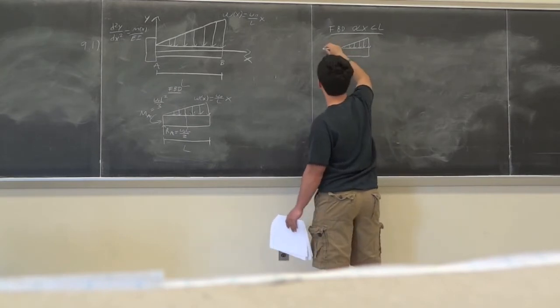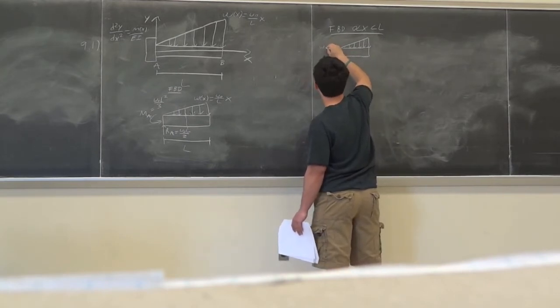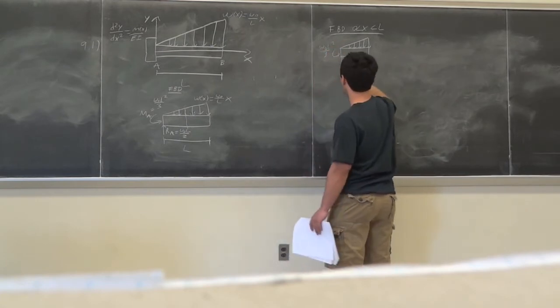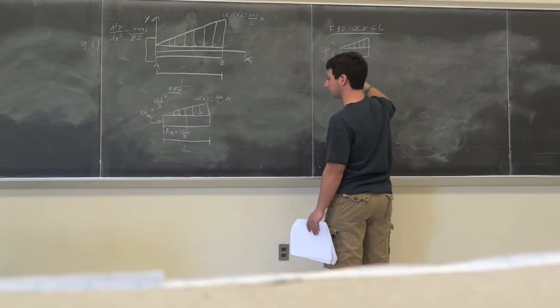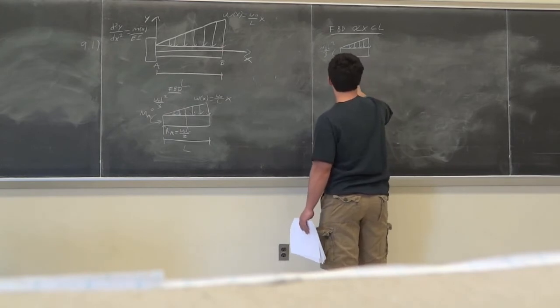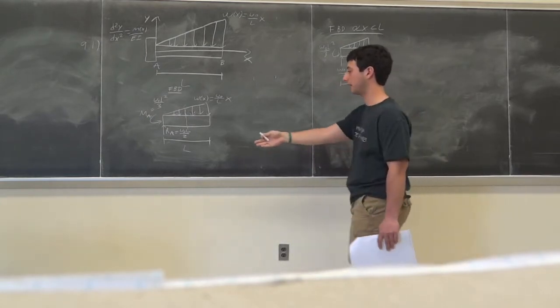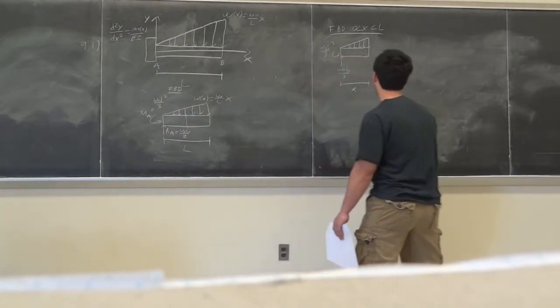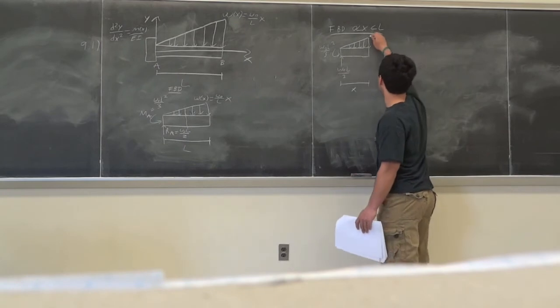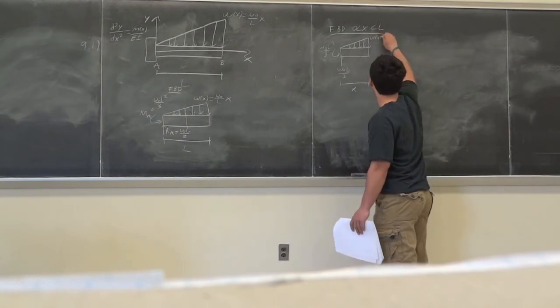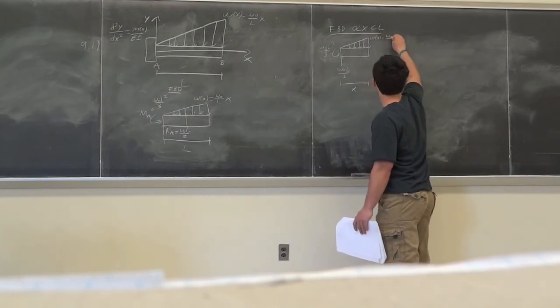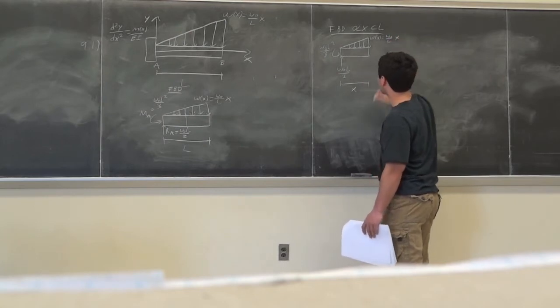Okay, so the moment was W naught L squared over 3, and the reaction here was W naught L over 2, and this distance now is x, because we're cutting it at a distance x. X is varying from 0 to L. And what else do we have? So this is W sub x is equal to W naught over L x.